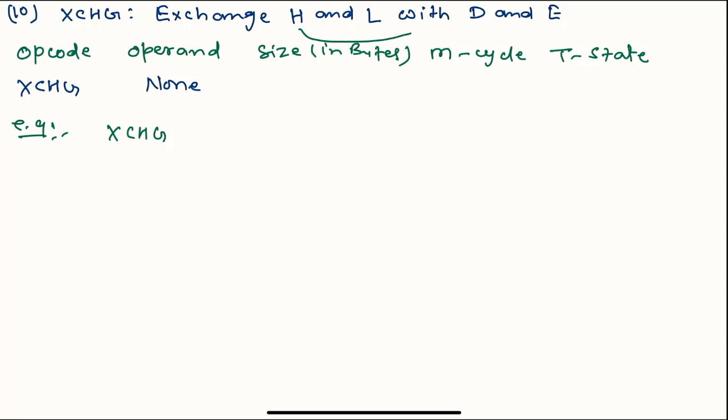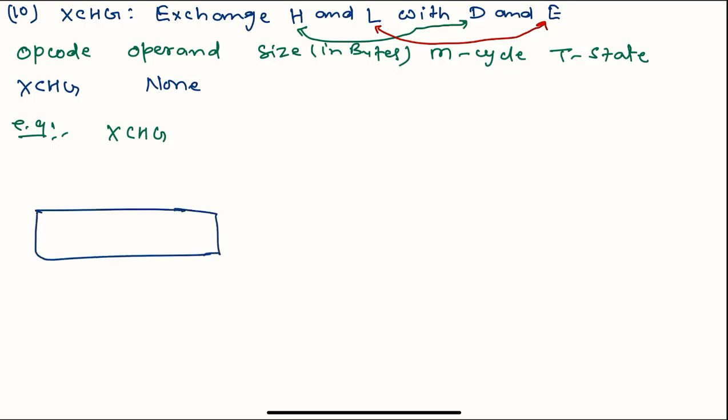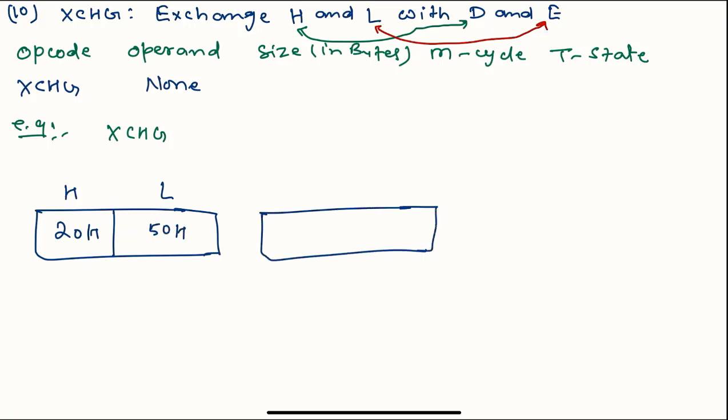The content of H will be exchanged with D, and the content of L will be exchanged with E. Before execution, if the HL register pair has 20H in H and 50H in L, and the DE register pair has 7FH and D5H, what will happen?